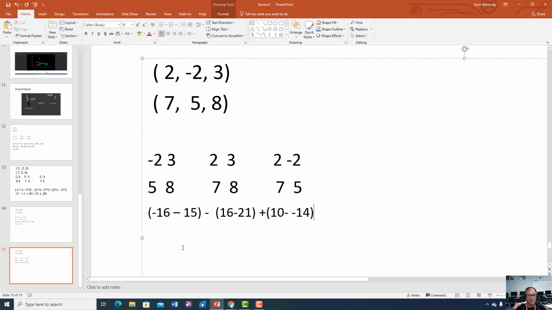Okay, so let's see what we end up with. So negative 16 minus 15 is negative 31. 16 minus 21 is minus 5, but that's a minus, so that is going to be 10.